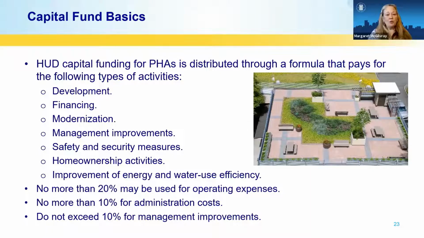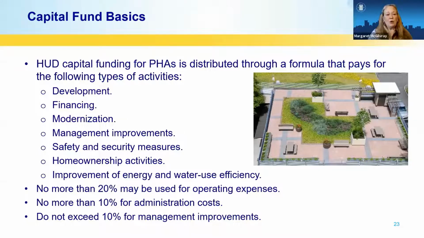And small PHAs under 250 units and that are not troubled may allocate up to 100% of their capital funds to operations, but recognizing that there are limitations with that, and it should be done only where there are no capital needs arising. So that must be a very careful choice.